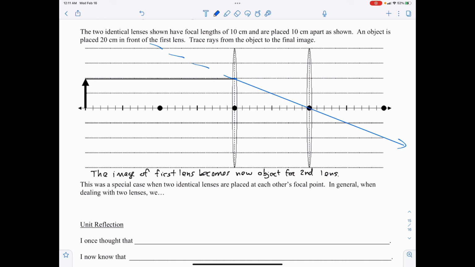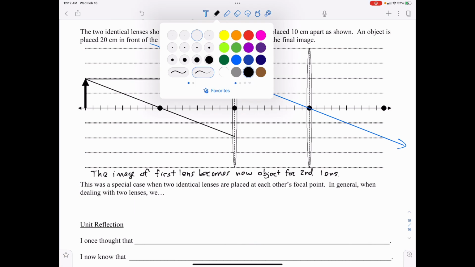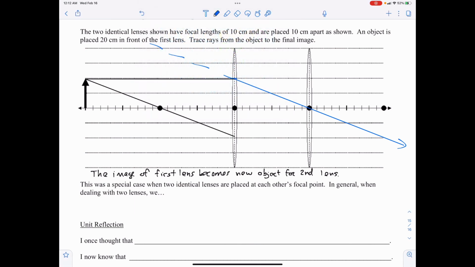Now the second ray goes through the first unused focal point. It gets to the lens, and it is going to refract parallel, just like that. Now the problem is it's going to meet that second lens over there, and remember what parallel rays do? Parallel rays are going to refract through the far side focal point, and that's exactly what it does.